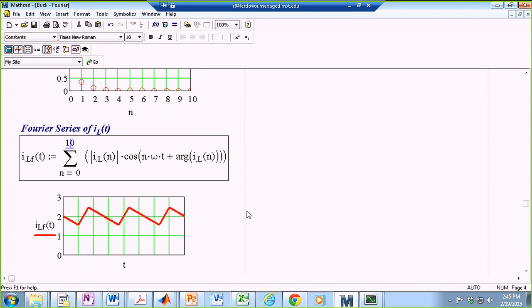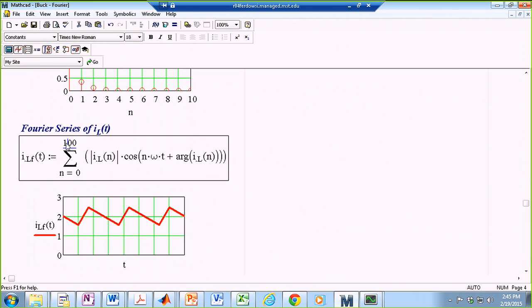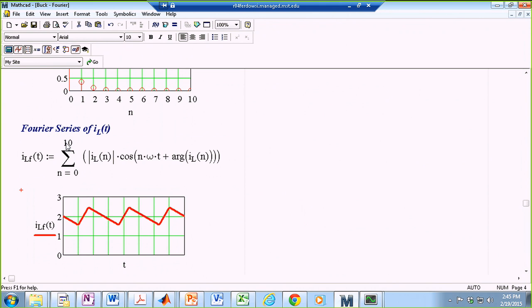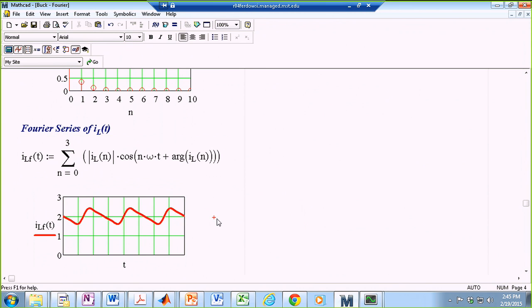But if you go from 10 to 100, it doesn't really make a significant change. So you can see that 10 was a good number. Now, let's say you're lazy and you don't want to do even 10, you may want to consider doing only 3 of them. You see, it's still relatively good. What about 2 of them?